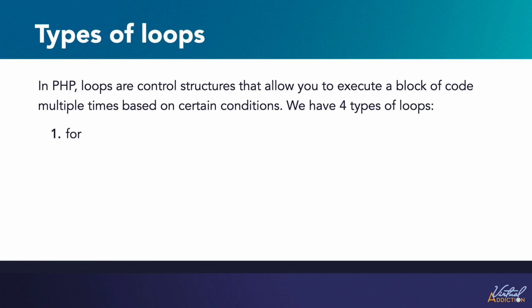The for loop is used when the number of iterations is known. The while loop is used when the number of iterations is unknown and based on a condition. The do while loop is similar to while, but it will always run at least one time. And the foreach loop is specifically used to iterate over arrays.